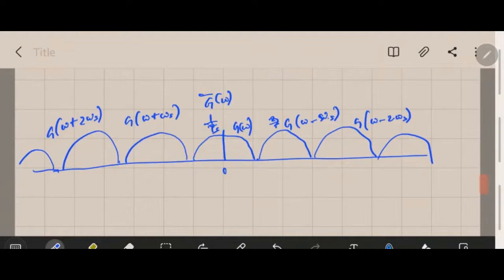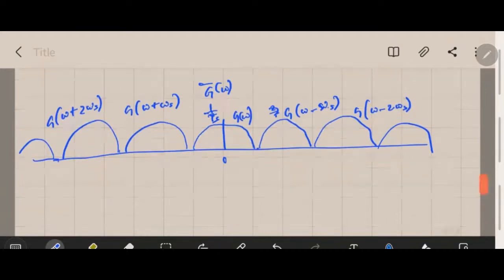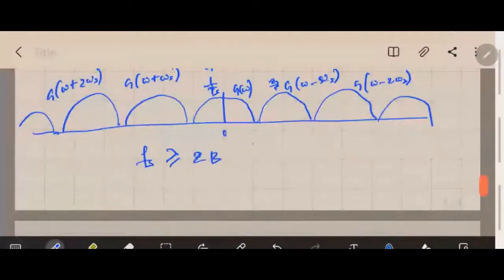Now there is something special here. We have to understand that. We have already discussed that the sampling frequency fs should be greater than or equal to 2b. So we can take three different cases here.